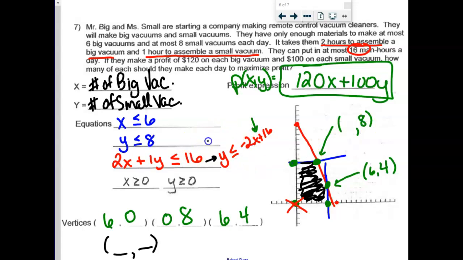If I plug in an 8 for my y, I end up with 4, I believe. Now I would plug all those into my profit function to find the maximum profit. I'm going to need y'all to do that for me. I'm guessing it's at either 6, 4 or 4, 8, and I'm pretty sure it's at 4, 8, but could someone confirm that for me?